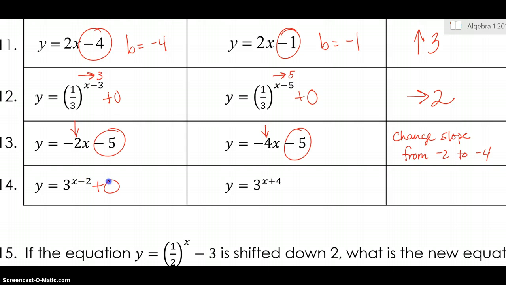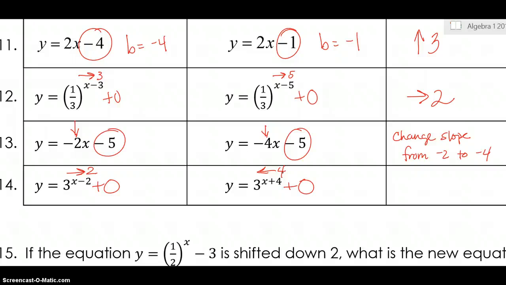Okay, number 14. Back to exponentials. We have a +0, +0, so they both have a y-intercept of 0. This one shifts right 2, and this one shifts left 4. Ooh, be careful there. So we're starting at 2, and we're going to -4.